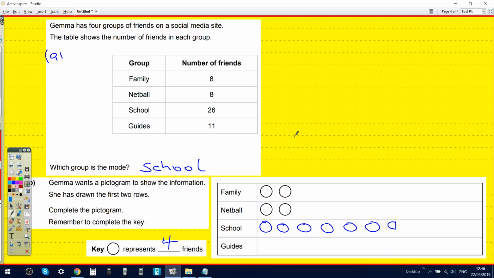So that's going to be 2 circles, which is 8. We've got 10, 11. So half is going to be 2.